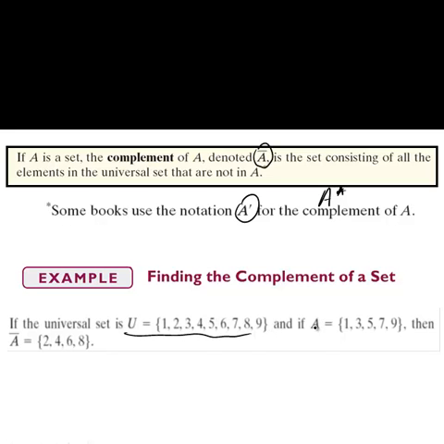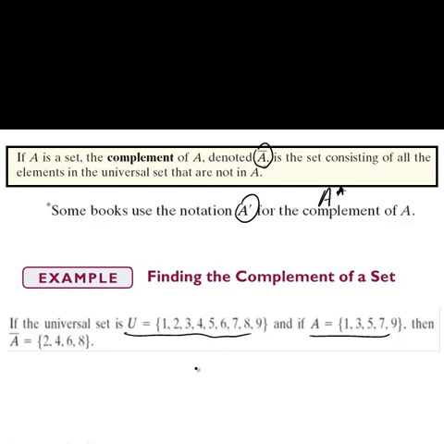And suppose that we have set A, essentially the odd numbers from set U. Now suppose that we want to calculate the complement of set A. Well, the complement of set A is going to be the elements of set U that are not in set A. So notice that we have 2, 4, 6, and 8. Those are the elements of set U that are not in set A.